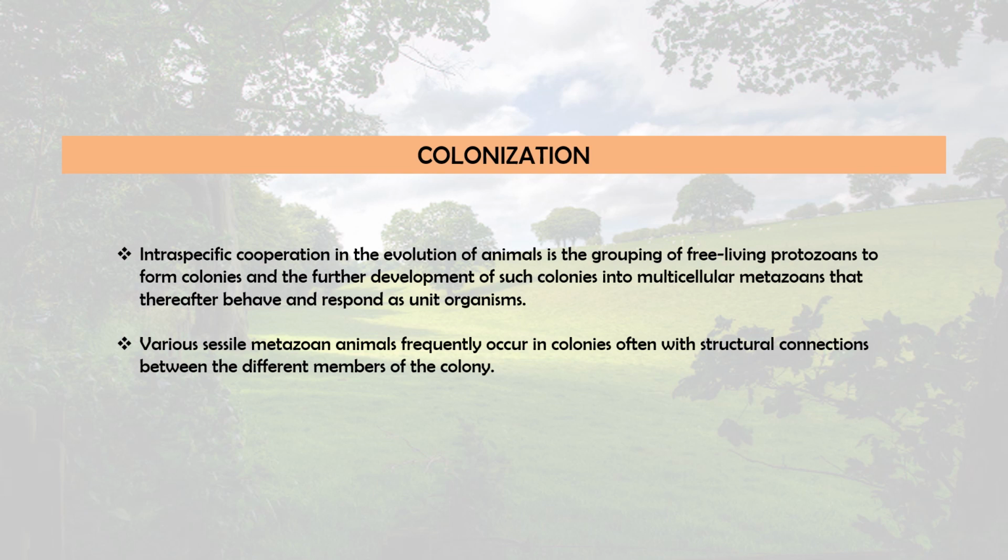Physalia is a free-floating colony of polyps or zooids specialized into four major polyp types: dermatophores for floating, gastrozooids for feeding, dactylozooids for defense, and gonozooids for reproduction. Such specialization of polyps is called polymorphism.